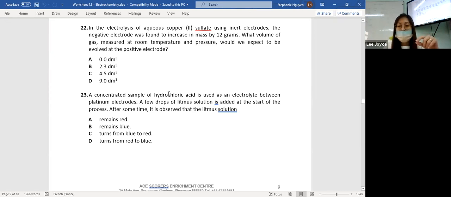So the H+ ions that have been discharged come from the hydrochloric acid. But the water molecule still remains as it is, because there is no discharge of hydroxide nor H+ ions from the water itself. So that is why the litmus solution remains the same. You understand?